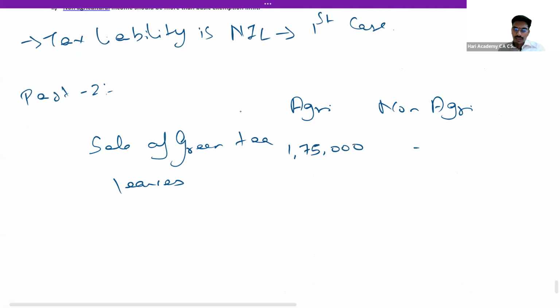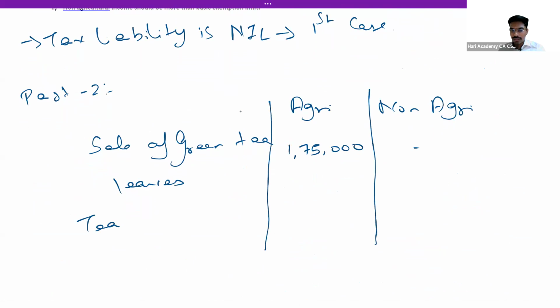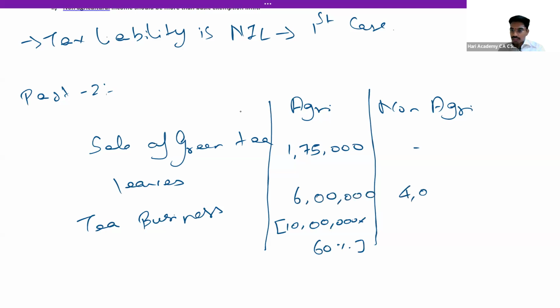Non-agri income is nil. Then the next one is tea business. The total is now 10 lakhs. 60% is agricultural income, 6 lakhs, and here it is 4 lakhs, 40% of 10 lakhs.